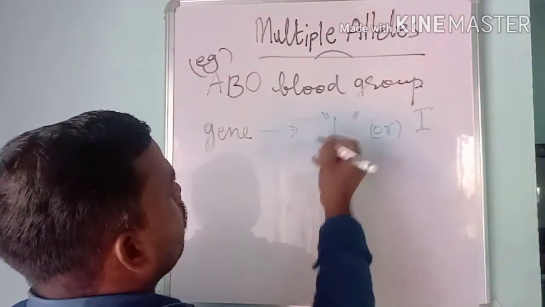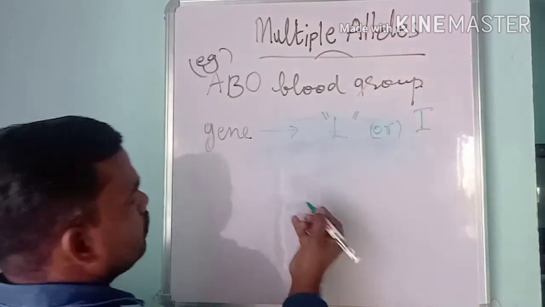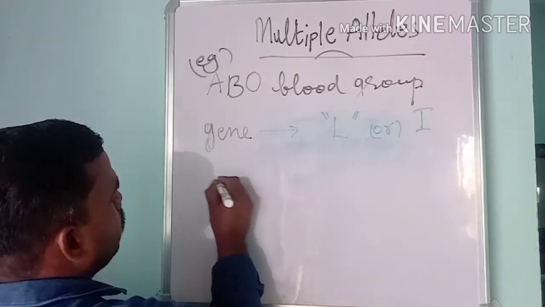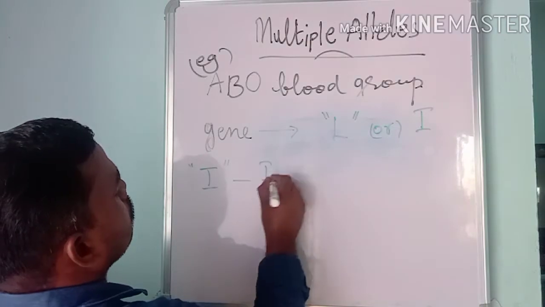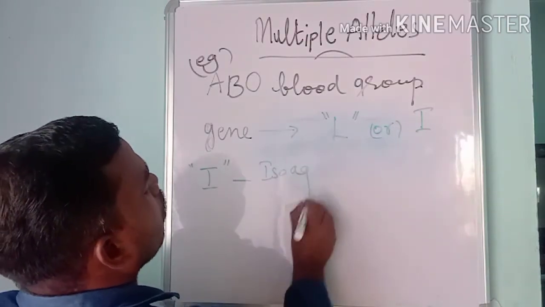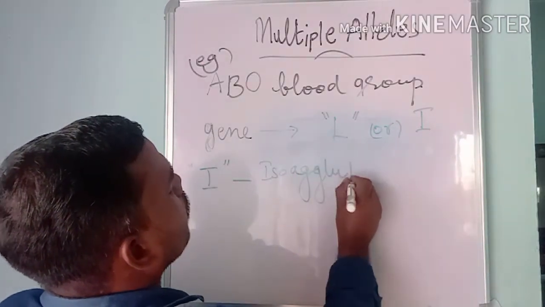L stands for Landsteiner, and I stands for isoagglutinations.